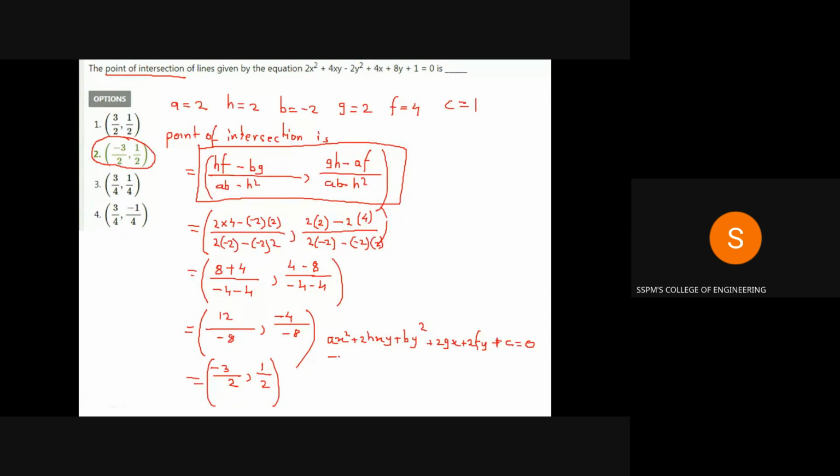You need to compare the equation given in the example, write all the coefficients and just put them in this formula. Then you will get the point of intersection.